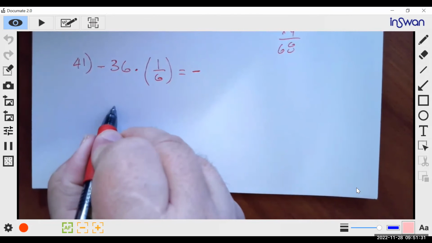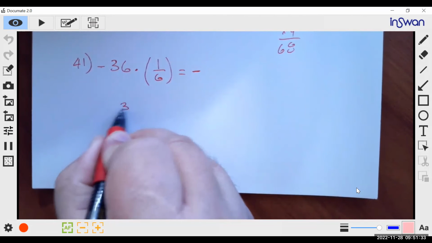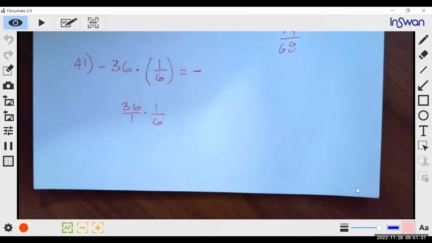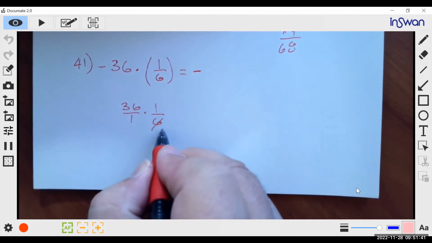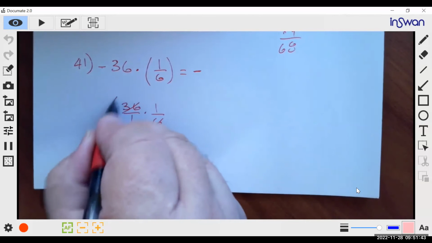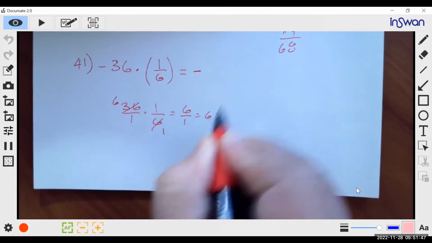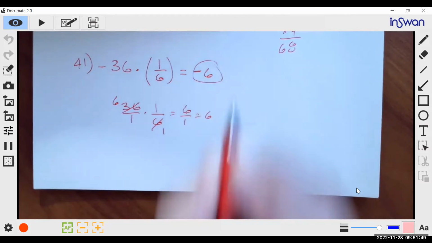So what we have here is 36 over 1 times 1 over 6. Can anything cancel? 6 goes into 6 once, 6 goes into 36 6 times. So the answer is negative 6.